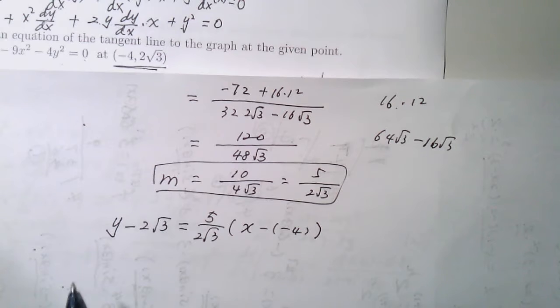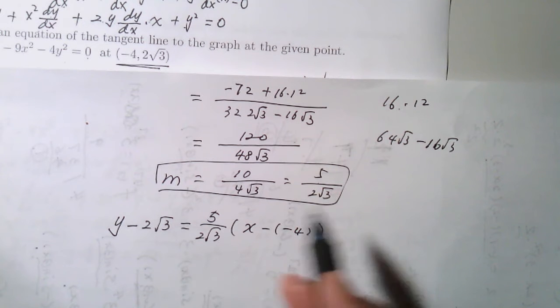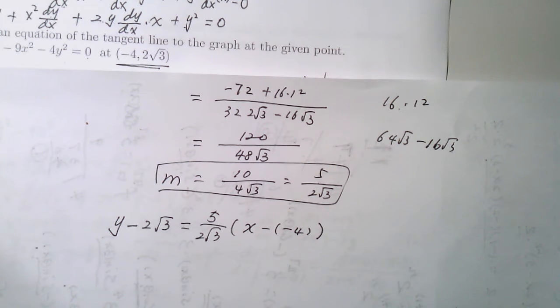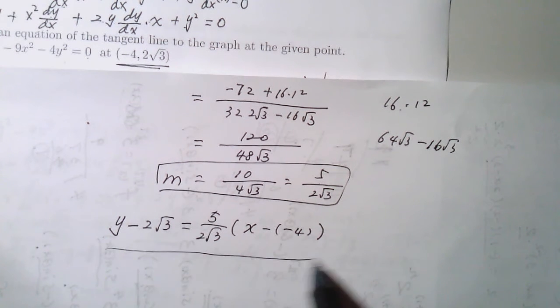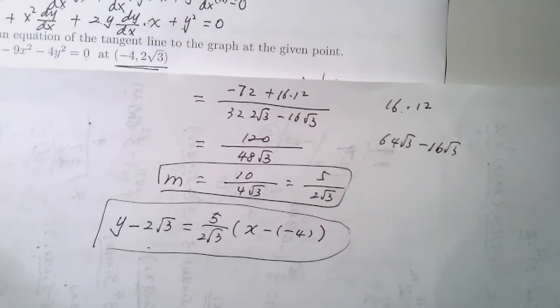This is the so-called point slope form. If you want to write slope intercept form, you can just distribute, then move this to the other side, then simplify. You can do that, but normally on paper, point slope form is perfectly fine. So that's what we have here.